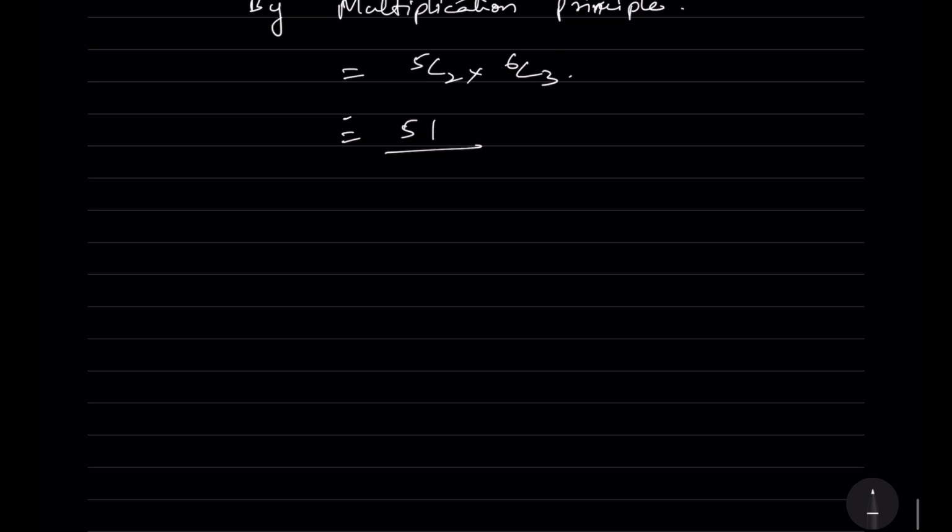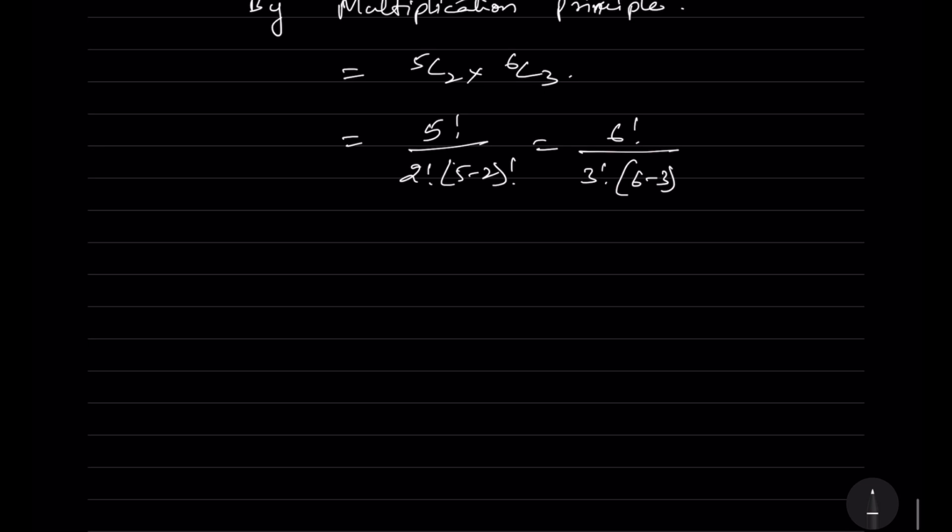5 factorial by 2 factorial into 5 minus 2 factorial, into 6 factorial by 3 factorial into 6 minus 3 factorial. So here 5 factorial by 2 factorial into 3 factorial, into 6 factorial by 3 factorial into 3 factorial.